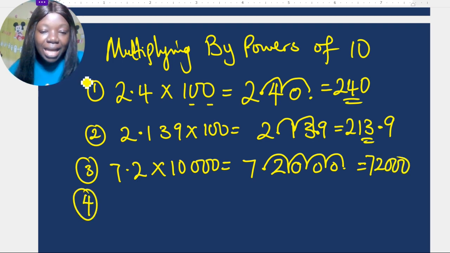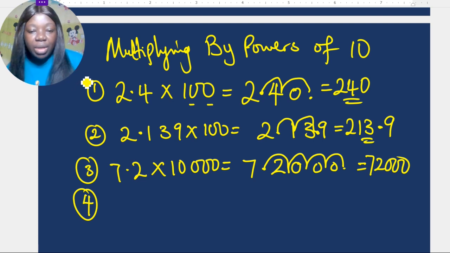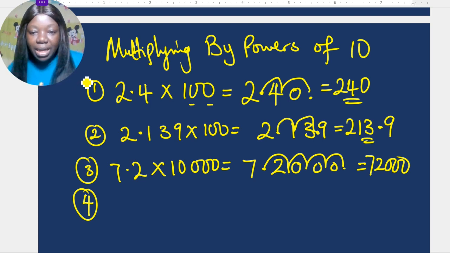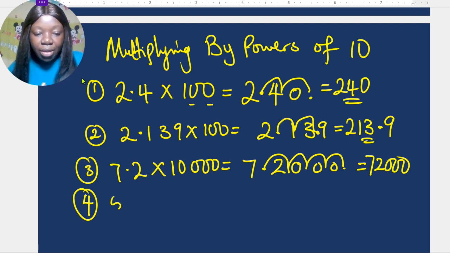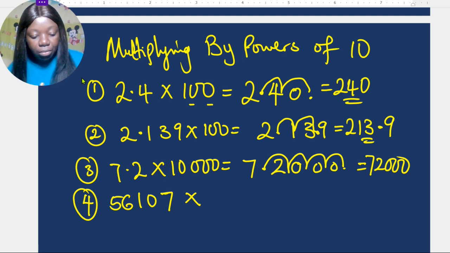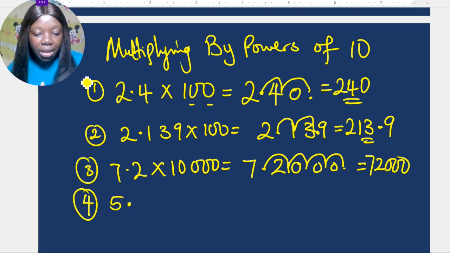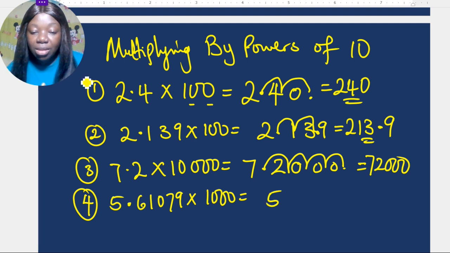Now let's get the last example for this class. So now what are we going to do? Let's multiply 5.61079 times 1,000. So you can see that 1,000 has 3 zeros.